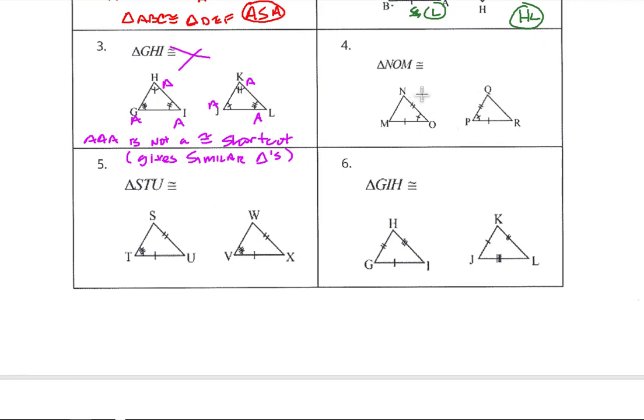Looking at the pattern with number 4, we can see that we have a side angle side pattern of congruence between those. So NOM has to match with QPR.